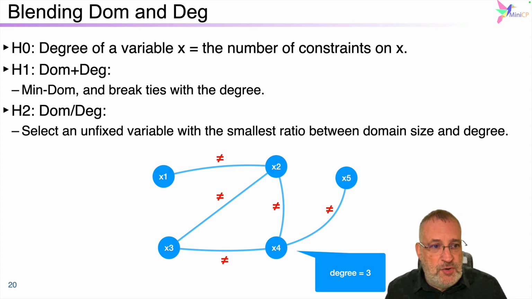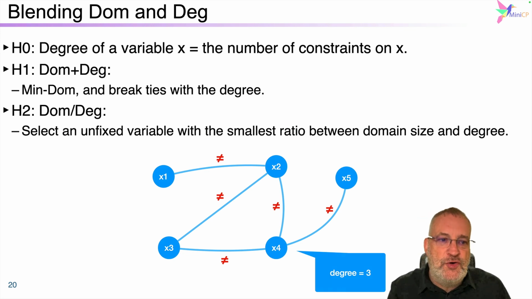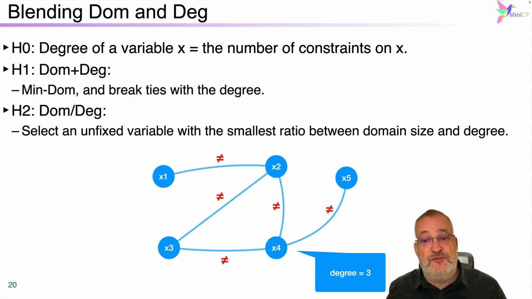The other option, of course, is to say, wait a minute, what I could do is consider variables that have a small domain, so I'm going to minimize the size of the domain, but I don't want to just sequence the two decisions, do first domain and degree. Instead, I'm going to say that if the degree is big, and I use the fraction dom divided by deg, the bigger the degree, the smaller the fraction.